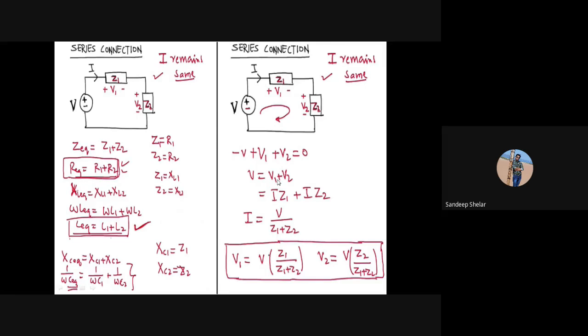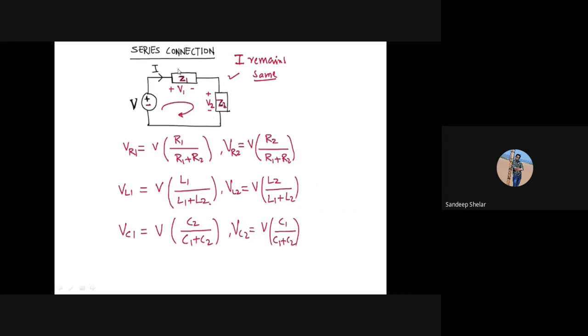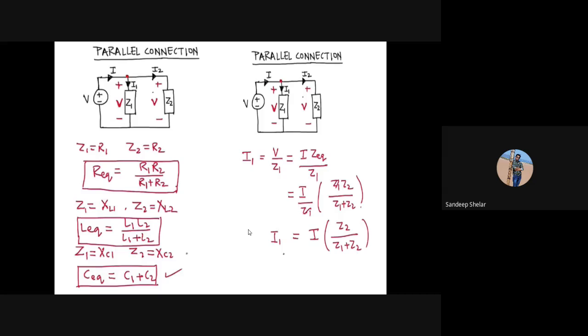Also find the voltage across resistance, inductance and capacitor, that is VR1, VR2, VL1, VL2, VC1 and VC2. Then in the parallel connection, find out the equivalent resistance, equivalent inductance and equivalent capacitance.